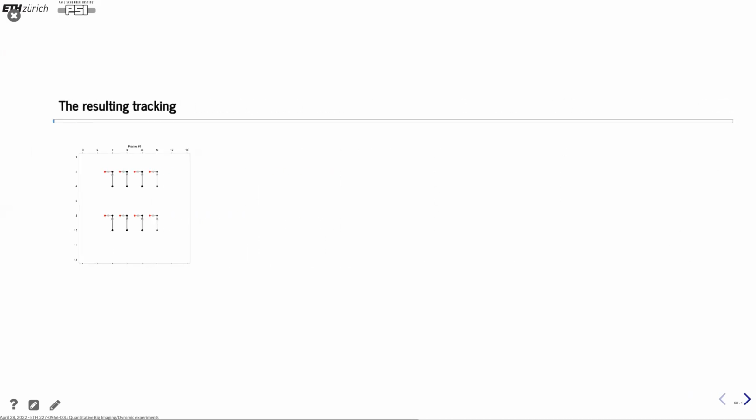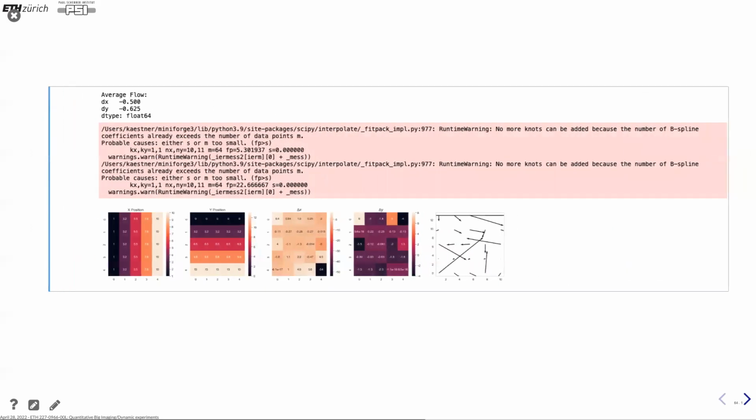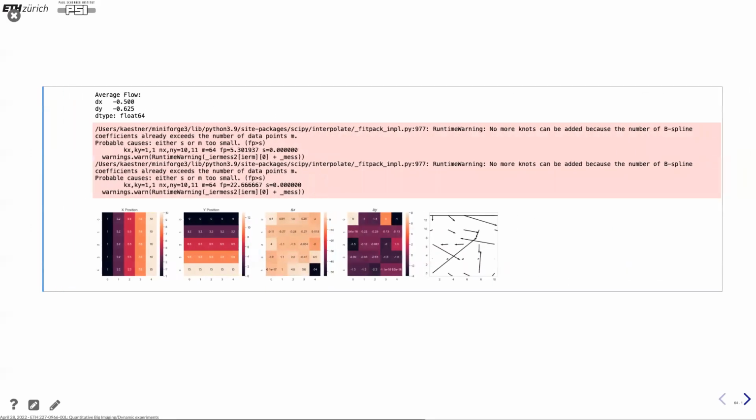Analyzing this, you can see that we track these points nicely. That can also be analyzed using spatial averaging. The displacement field is more complicated, as you can see. It's not so obvious how things are moving around.